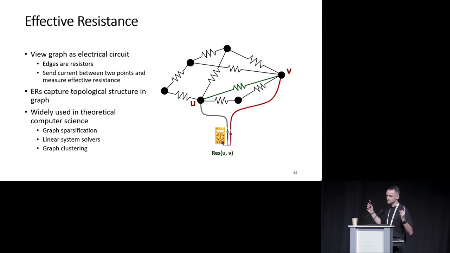It's called effective resistance because, if you are more aware of electrical circuits, you can think of the edges as resistors, and then you measure the voltage between two nodes. That's what we call effective resistance. That is very well used in theoretical computer science by Lovász and Daniel Spielman. So it has a lot of theory behind it that will allow us to draw conclusions about GNNs.